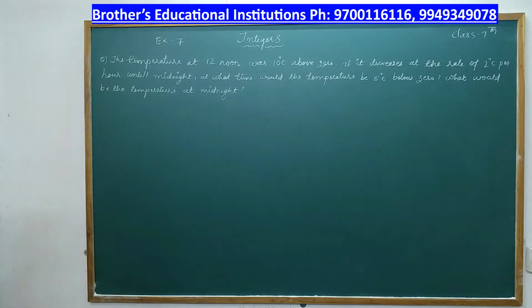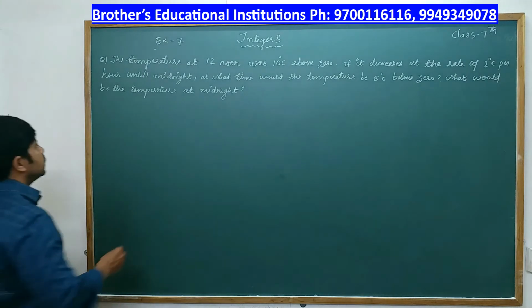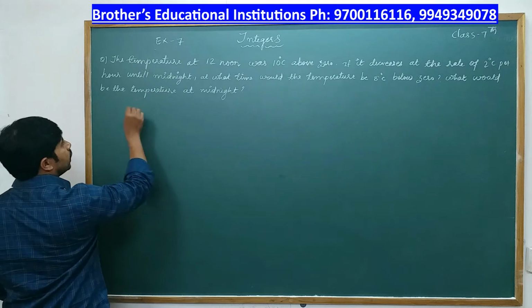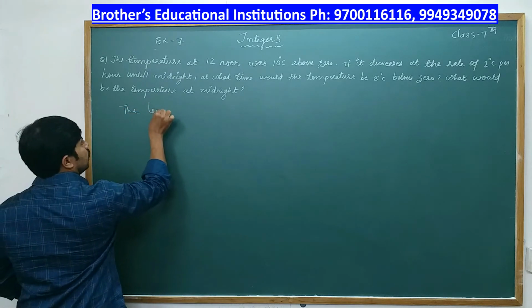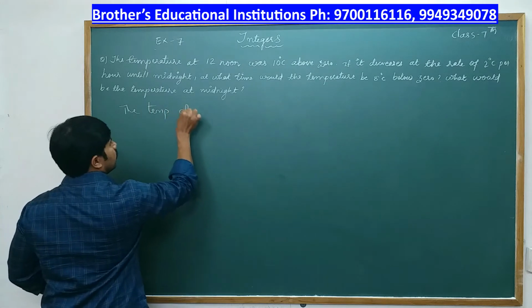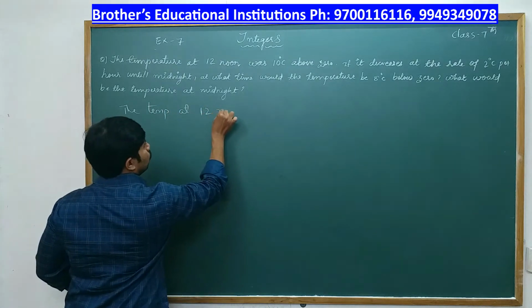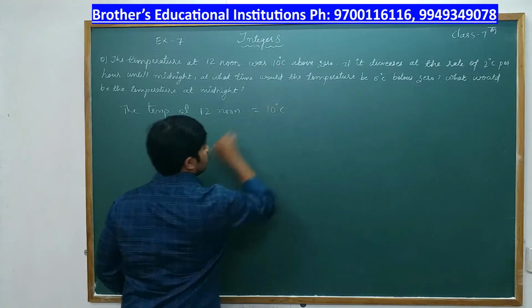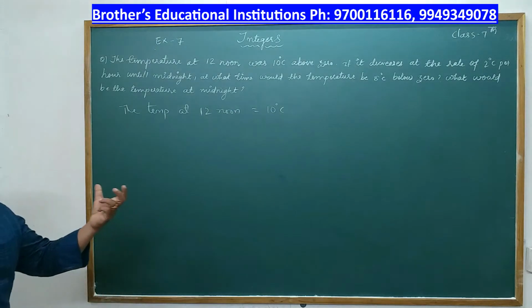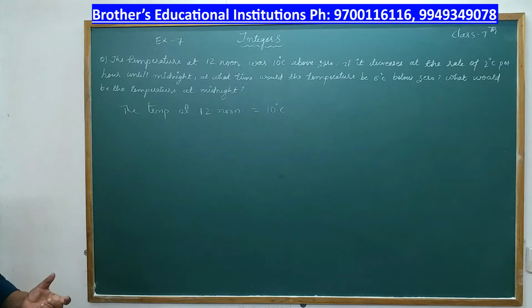So now, what is the temperature given? The temperature at 12 noon, it is 10 degrees Celsius above zero, so that's why it is plus 10. It decreases at a rate of 2 degrees Celsius per hour until midnight.